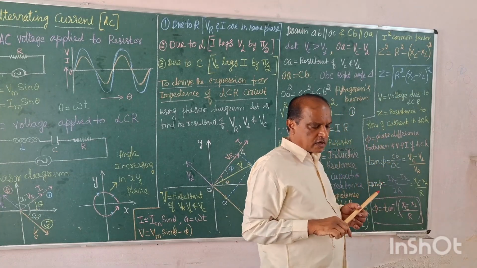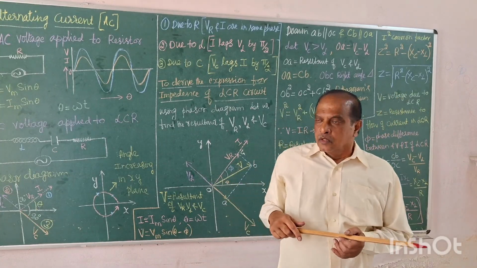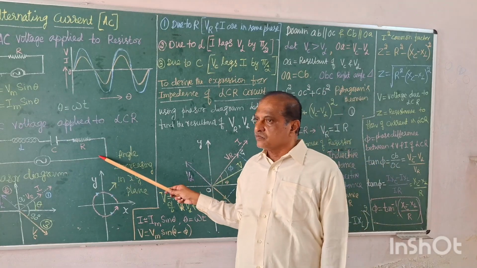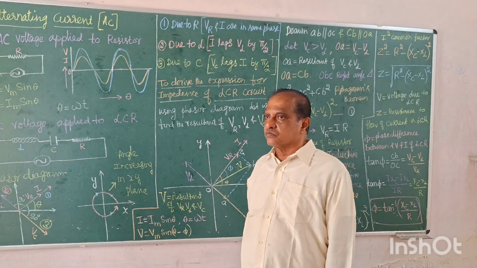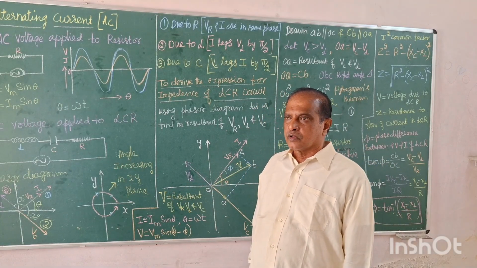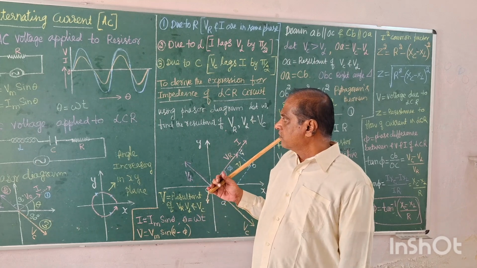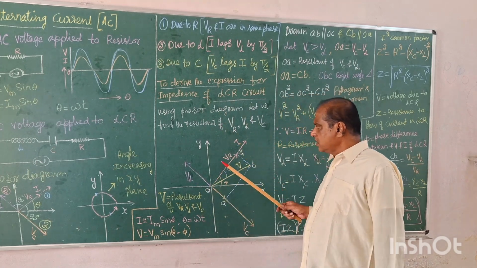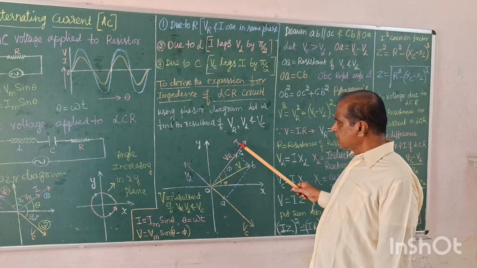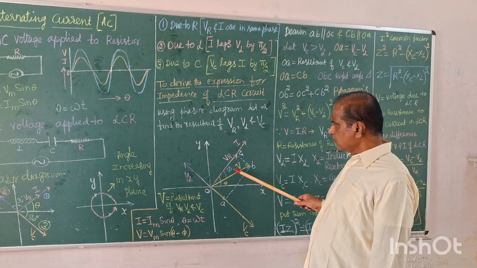This is how we can derive the impedance of LCR using the phasor diagram. And we understood that there is a phase angle difference between the current and voltage, phi.